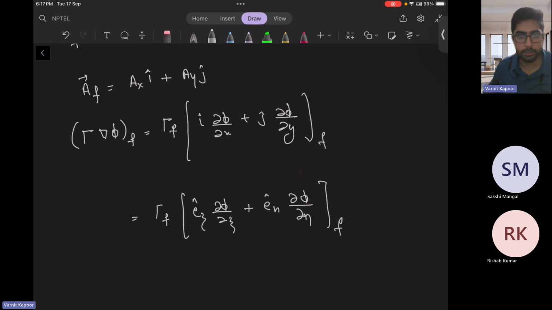Can I write like this? No, I cannot write like this because this is not an orthogonal system. It cannot be directly written like that as dou phi by dou x, dou phi by dou y. So this is not equal to this. All right, this is wrong. So we cannot work with this.